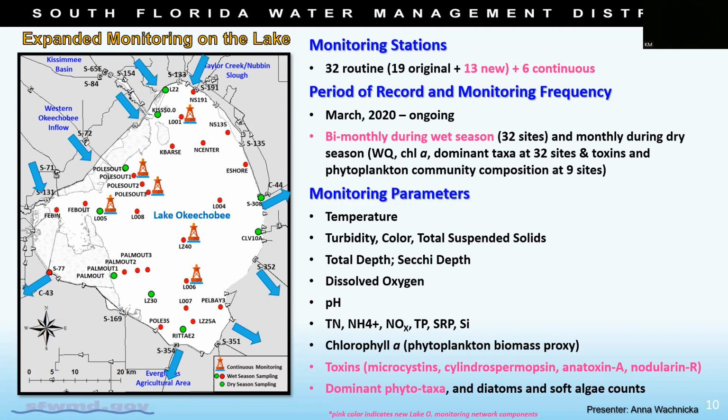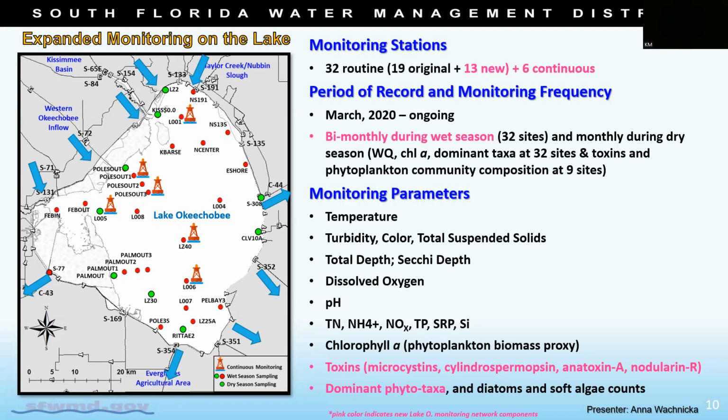And all that data is available to the public via our DBHydro database. You can easily access this. If you go to the district website, you can access that data. It's available to everybody. We collect typical physical and chemical water quality data, but we also collect samples for toxin analysis.